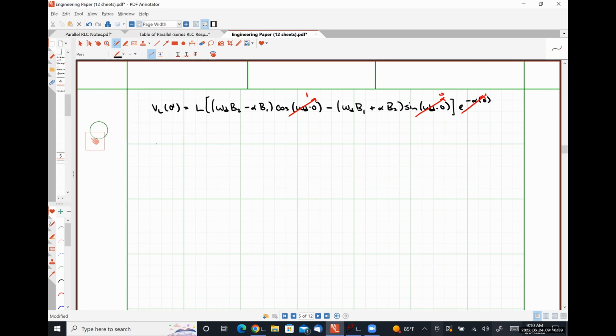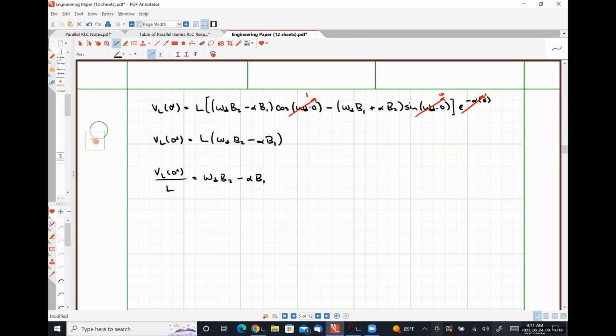And we are left with VL 0 plus is going to be L times omega d B2 minus alpha B1, right? So I'm just going to do a little bit of algebraic manipulation here. VL of 0 plus divided by L is equal to omega d B2 minus alpha B1.